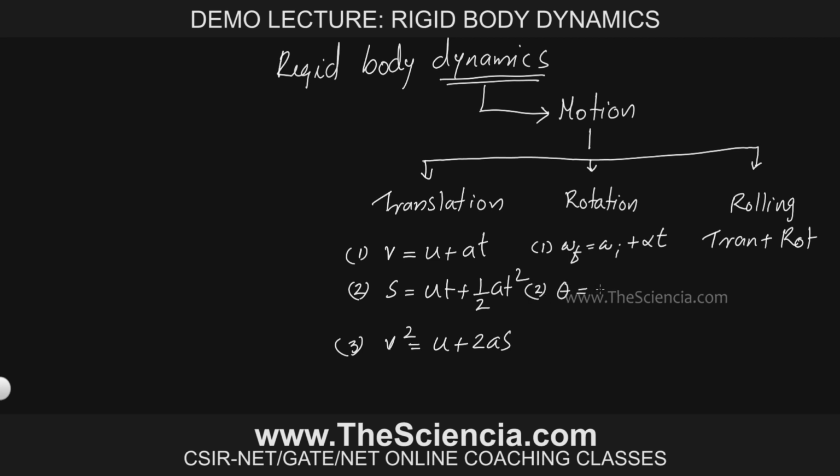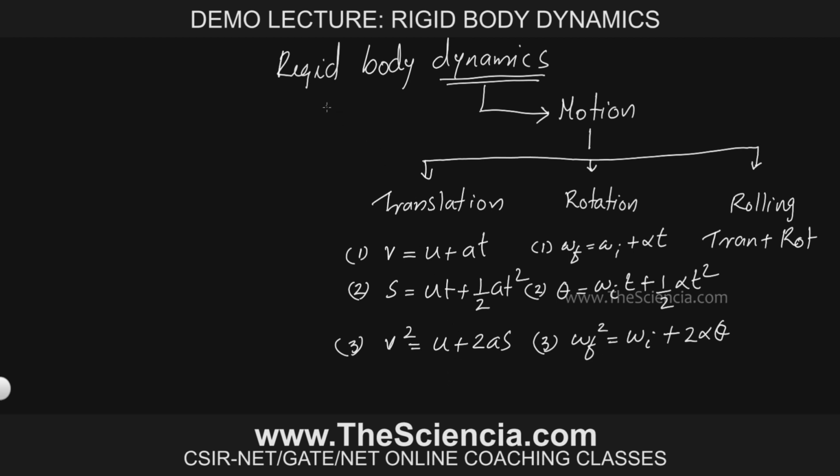Theta is equal to omega i t plus half alpha t square. And the third one is omega f square equal to omega i square plus 2 alpha theta. These are the equations of motion of a body in rotation.